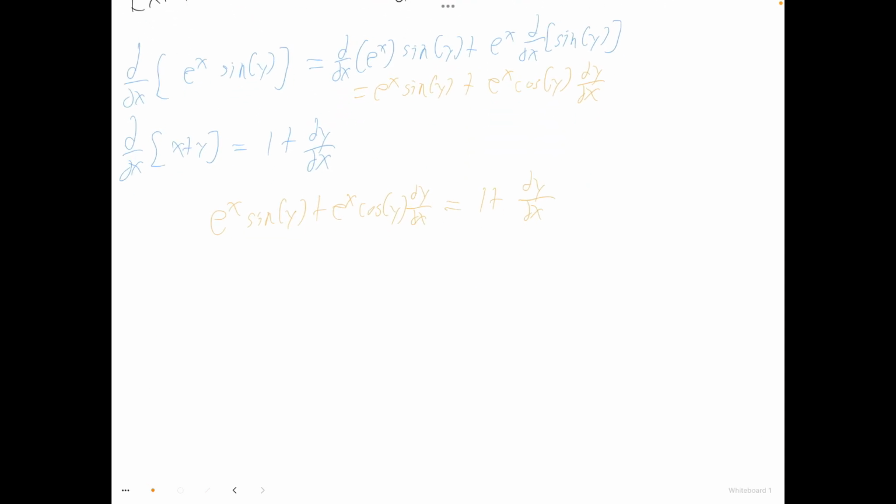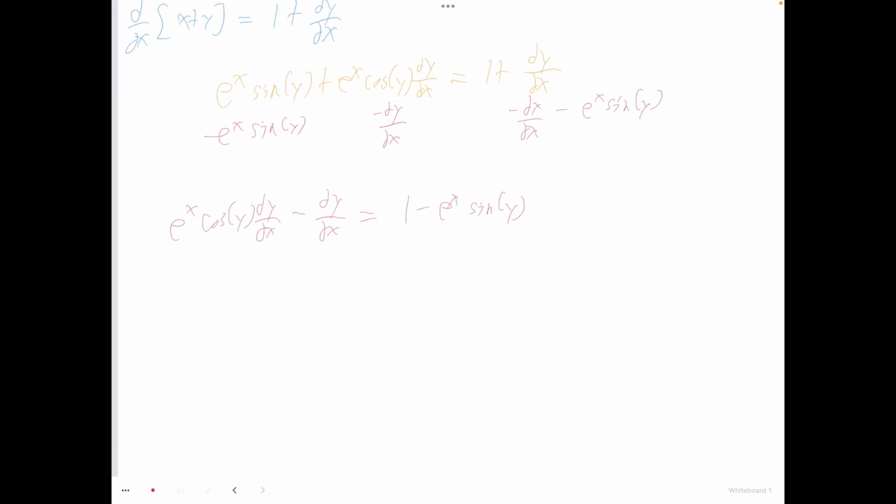And we want to solve for dy over dx. So we're going to get everything to one side, as we have done before. So I'm going to subtract dy over dx from both sides. And we're also going to move over the e to the x sine of y. So we get e to the x cosine of y dy over dx minus dy over dx equals 1 minus e to the x sine of y.